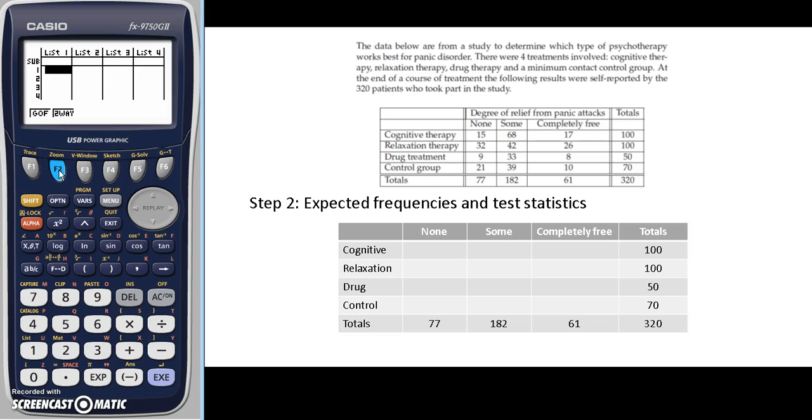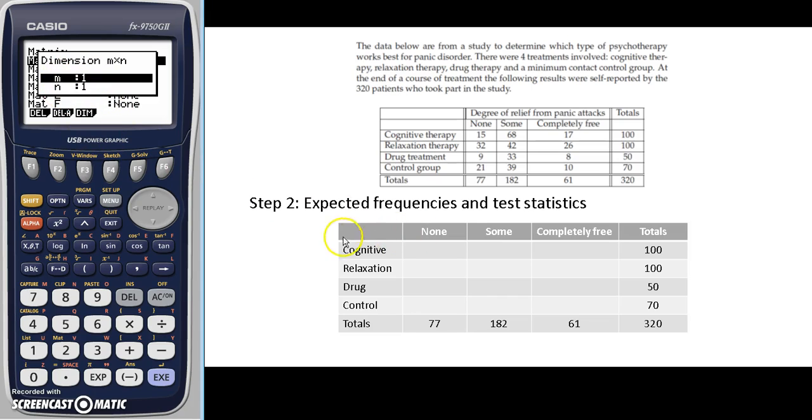We've got a 2-way table, and we're going to put our observed frequencies into matrix A. So we go F2 to go into the matrix, and it's matrix A that we're interested in. We need to go F3 to tell it the dimensions, and we need to enter values for M and N. So M is the number of rows, so we've got 4 rows here, so we can enter in 4.